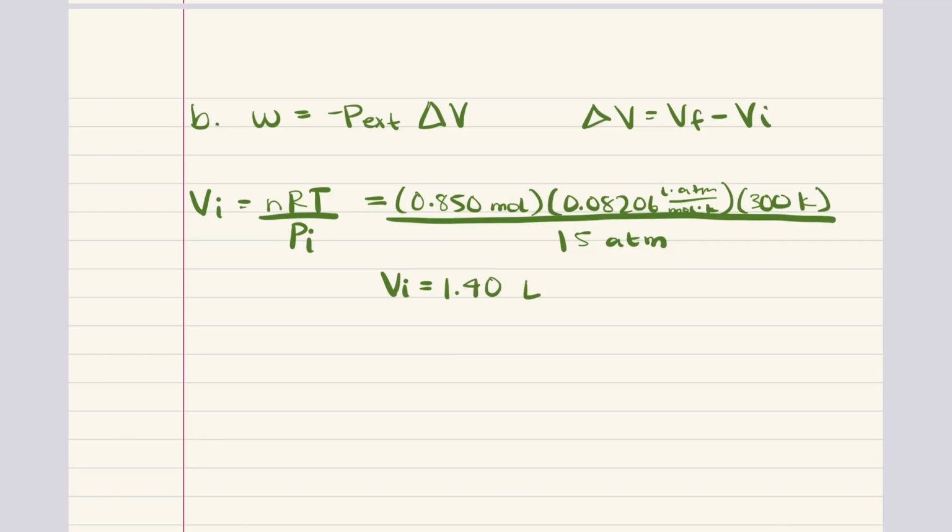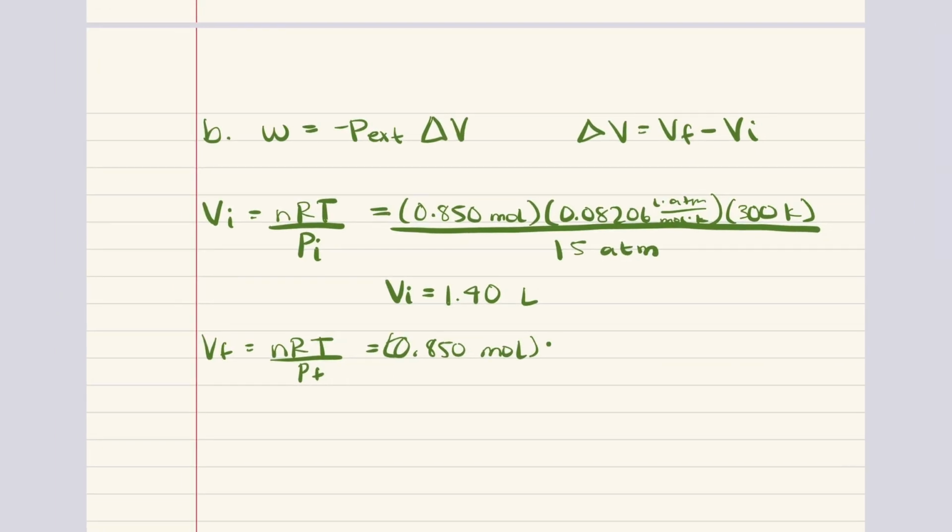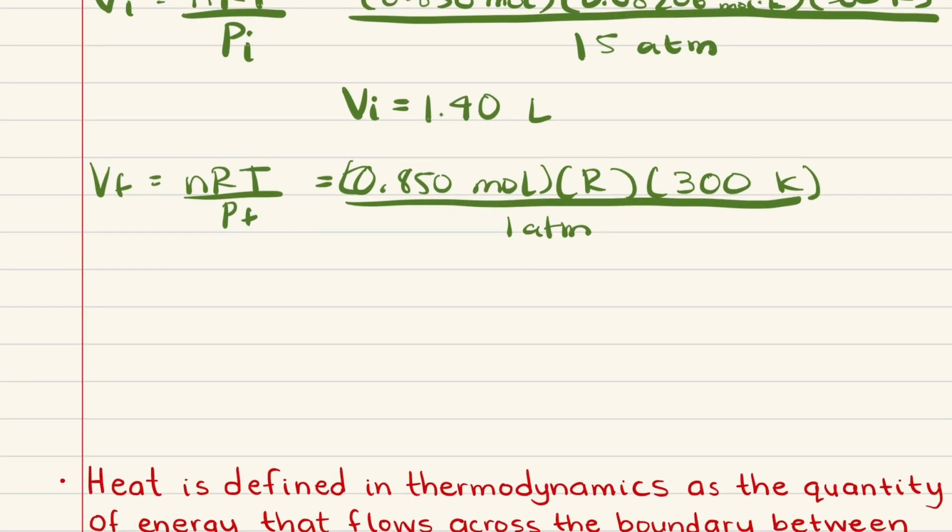For the final state, with a pressure of 1 atmosphere, the volume is equal to 0.850 moles multiplied by 0.08206 liter times atmosphere per mole times Kelvin multiplied by 300 Kelvin. All of that is divided by our pressure, 1 atmosphere. This is equal to 20.9 liters. That's our final volume.